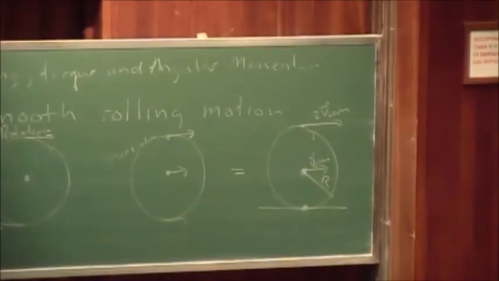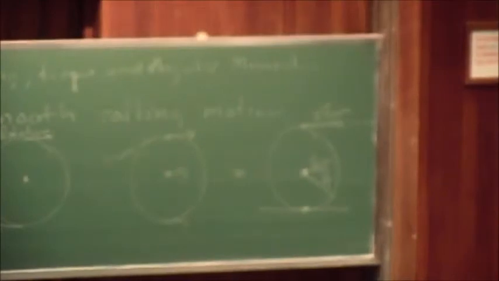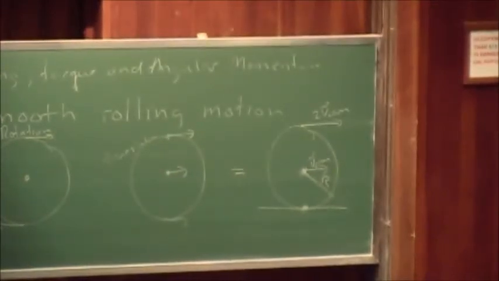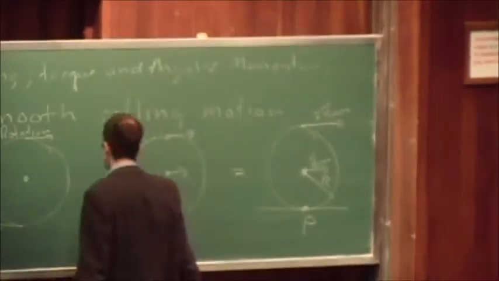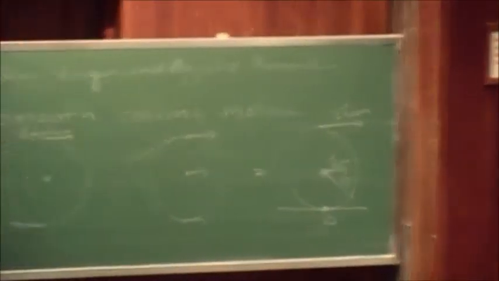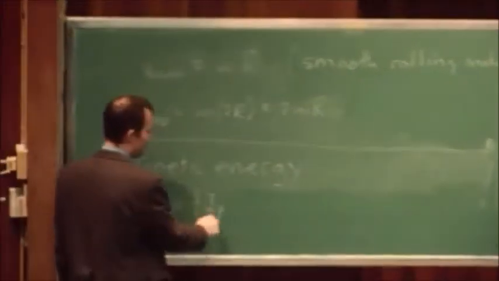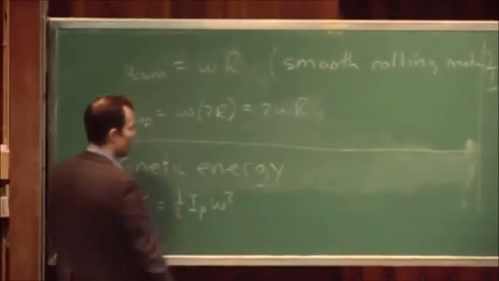So let's look at this. If I say the kinetic energy is 1/2 I, and I'm going to call it point P because we're talking about this point P here, so we're going to say the moment of inertia about point P, omega squared.